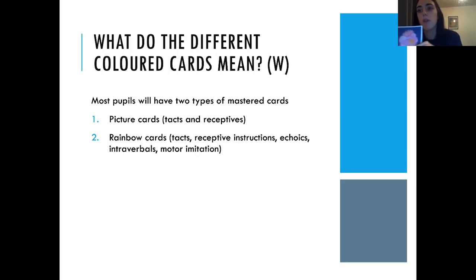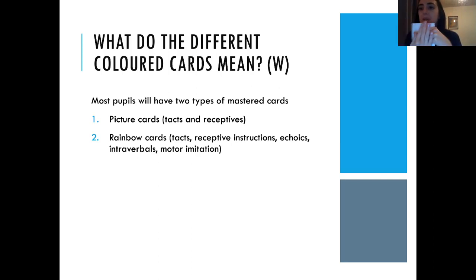Some pupils will have a lot of cards that are mastered as receptives and not as many that are mastered as tacts. And some of them will have the opposite, a lot that are mastered as tacts and not as many as receptives. So it's really, really important that you check on the back of the card.